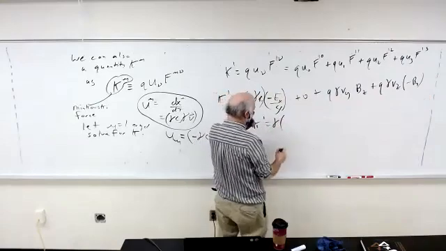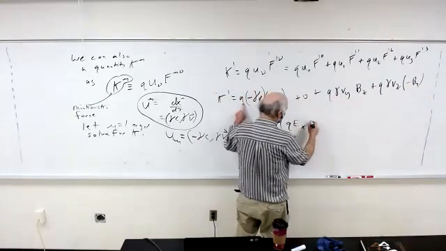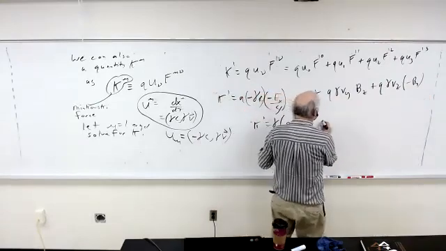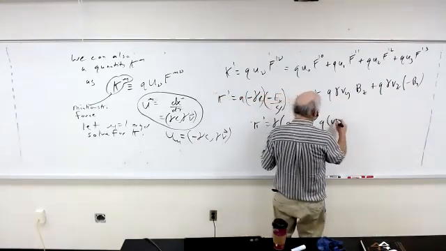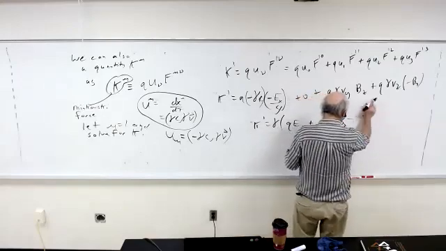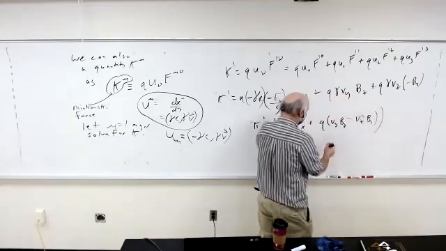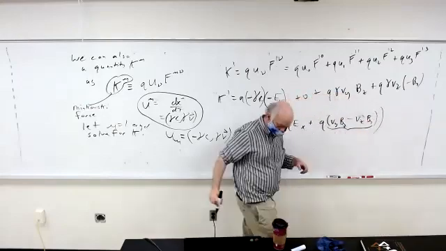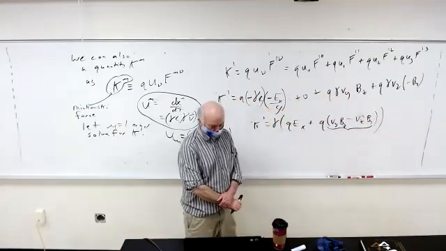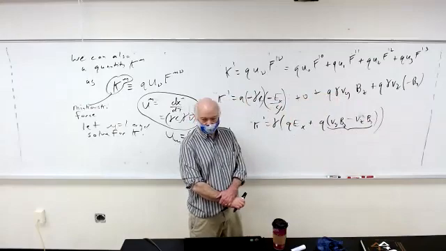And everything has a gamma in it. So I'm going to have now Q EX plus Q UY BZ minus VZ BY. What is this? What are you crossing?